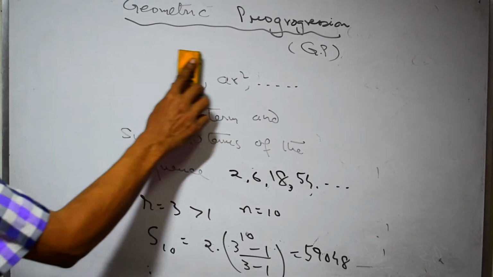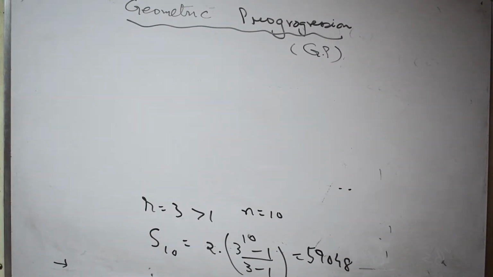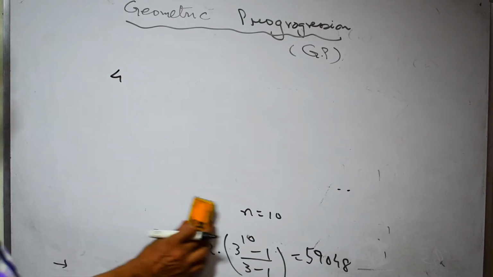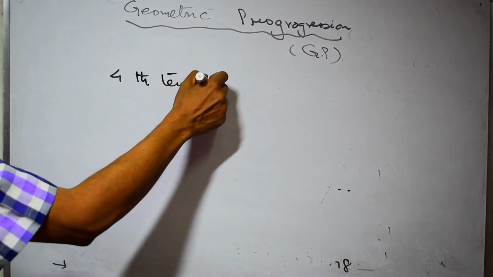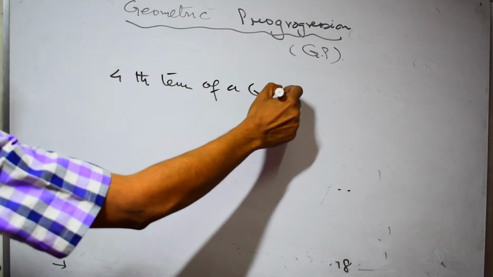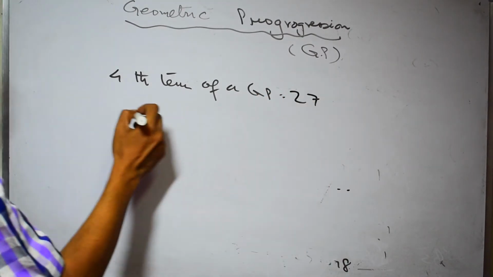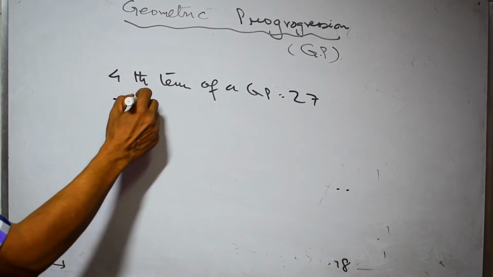Now in GP we have one more concept, which is like the fourth term of a GP. We can take an example. Fourth term of a GP is given as 27, and next is the seventh term of the same GP.